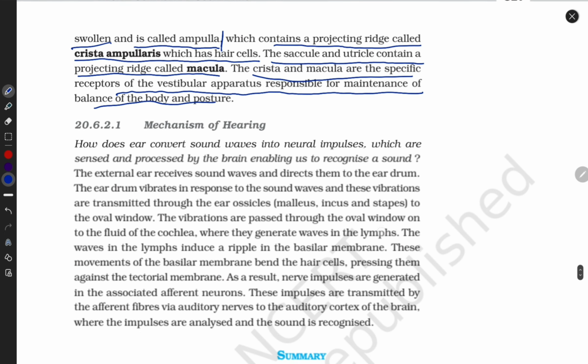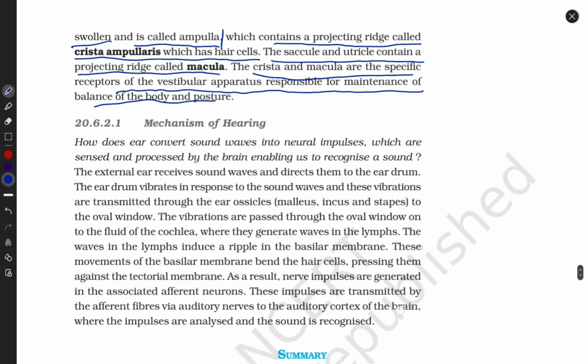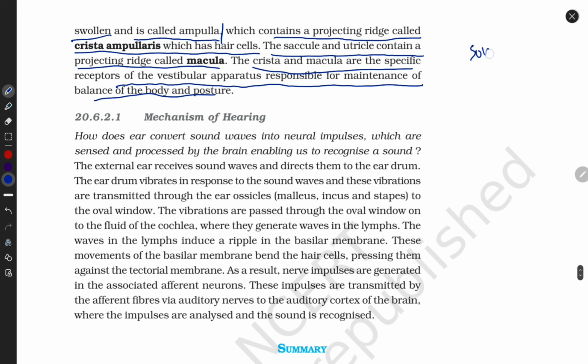And the mechanism of hearing, simple. Sound enters by the pinna and goes toward the auditory canal.